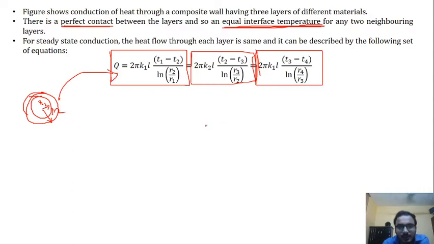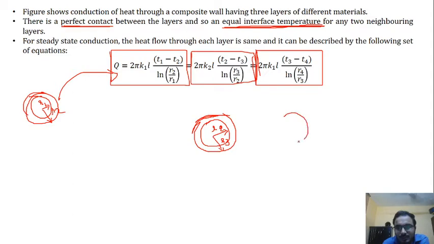Then for the intermediate layer, here we are having R2 as the inner radius, and R3 as the outer radius.